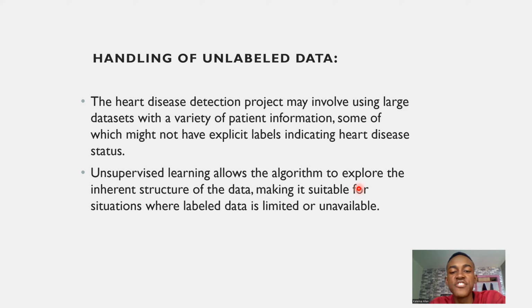The heart disease detection project may involve large datasets with a variety of patients' information, some of which may not have explicit labels indicating heart disease status. Unsupervised learning allows the algorithm to explore the inherent structure of the data, making it suitable for situations where labeled data is limited or unavailable.